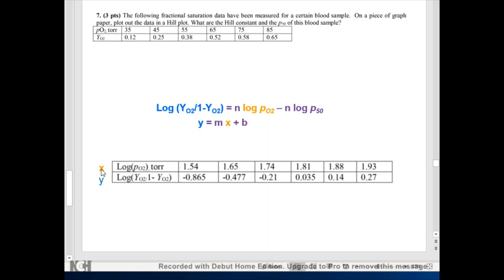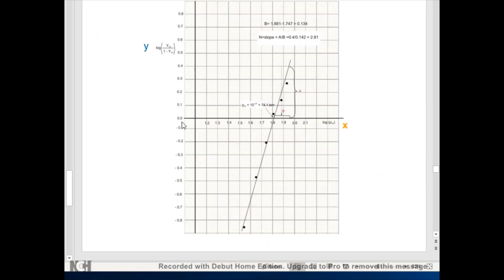So now you know your x and y, which are also shown here as logarithmic functions. You plot the data and you draw a best fit line. And now from this best fit line, you determine the parameters. So what I've done, I measured the slope here.